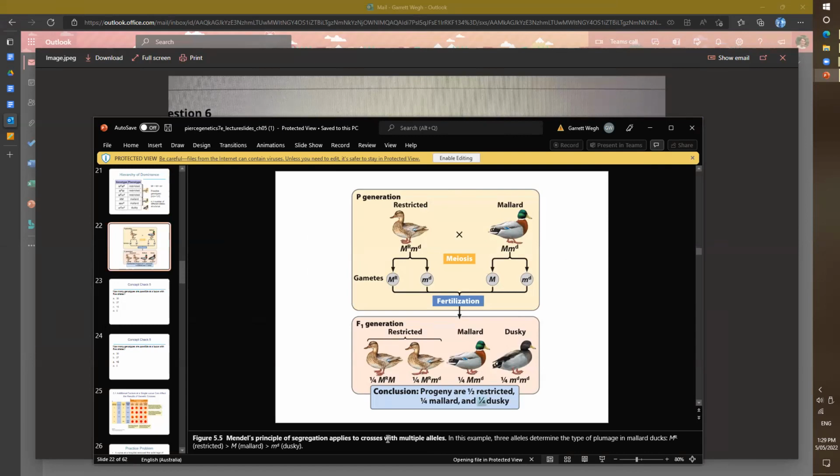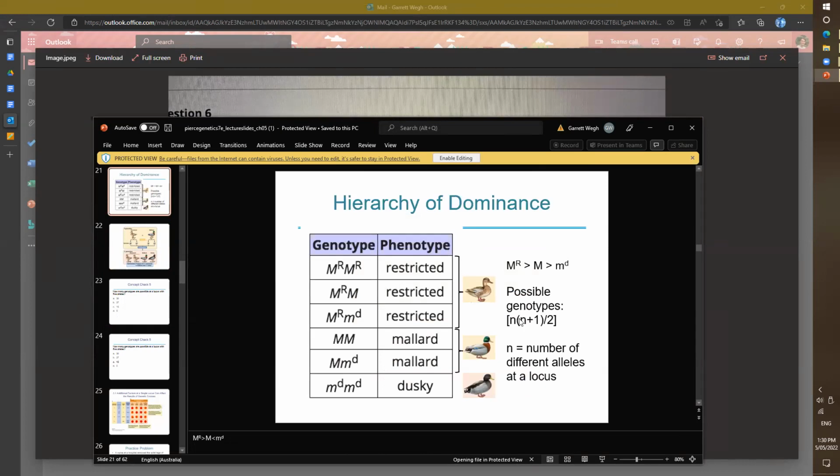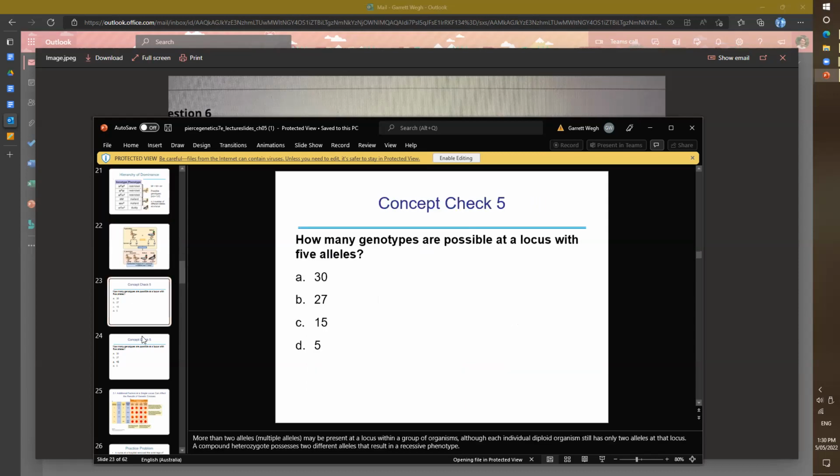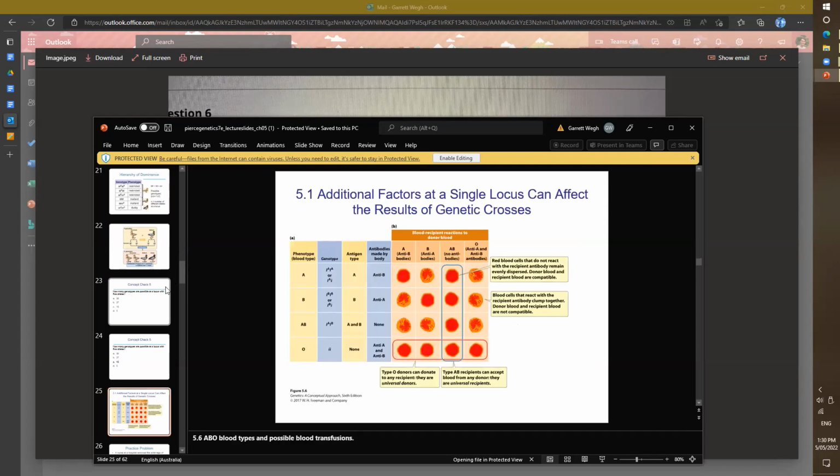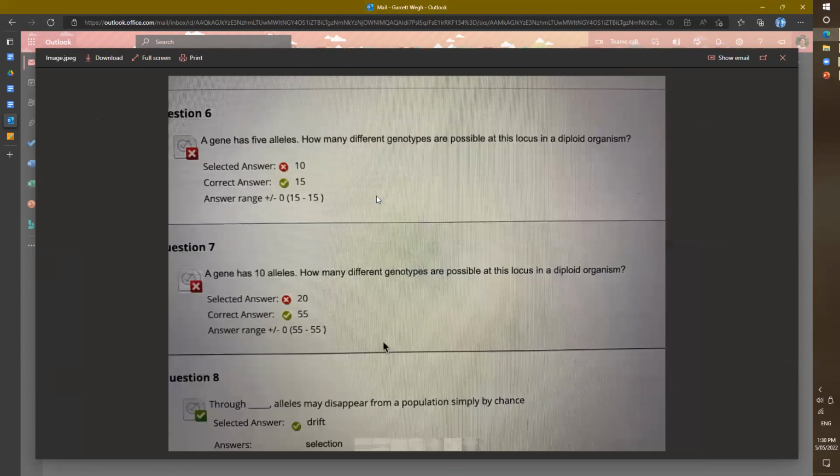So segregation applies to crosses with multiple alleles. 3 alleles determine the type of plumage. And you could also work this equation backward if it gives you the number of, actually, maybe not, I don't know. Algebraically, you can work it backwards, but I'm not sure if that concept would still apply. Yeah, I guess that's the long and short of it.